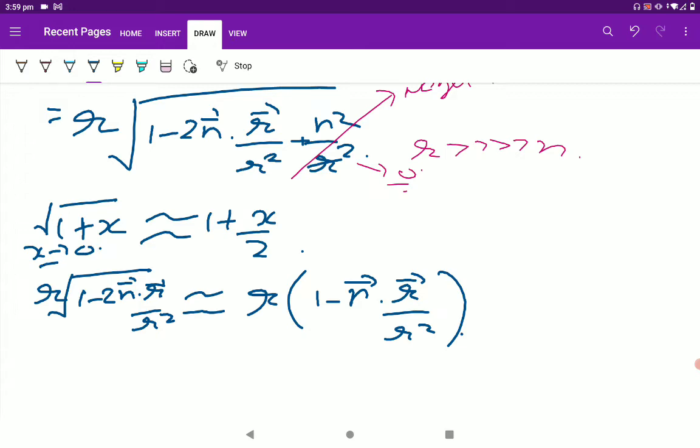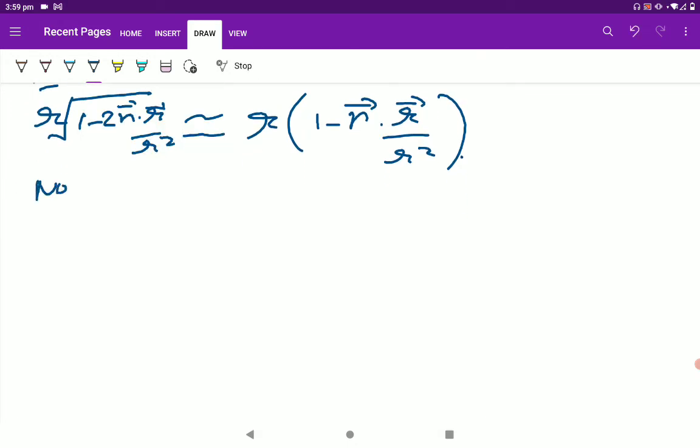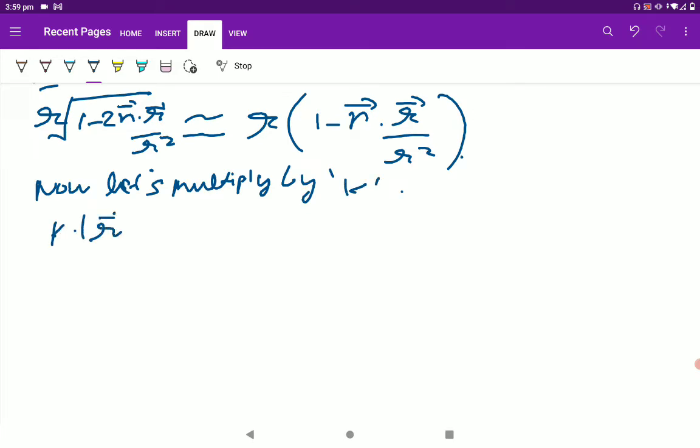Now let's multiply by k. So we are going to get k dot the modulus of r minus n. So we are going to take the expression in this fashion.